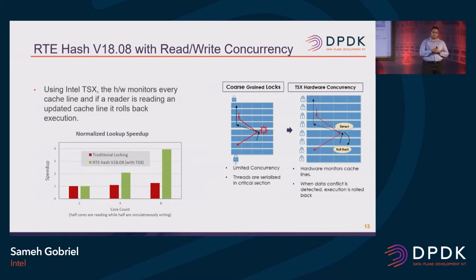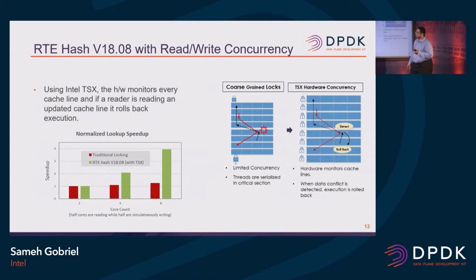These locks are monitoring each cache line. So if two writers are writing into the same cache line, or a writer is writing in a cache line and a reader is reading it, it will detect this conflict and will roll back execution. This is done transparently, all in hardware. So we use this feature in the hardware, which monitors the cache lines and will detect data conflicts, and when a conflict is detected, the execution is rolled back.